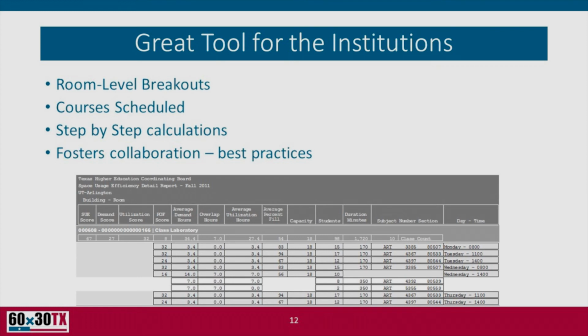Some of those reports can be hundreds of pages long, but this is a very useful tool that the institutions have used to identify classrooms where they could possibly better utilize or even repurpose that space into space that they need on campus.